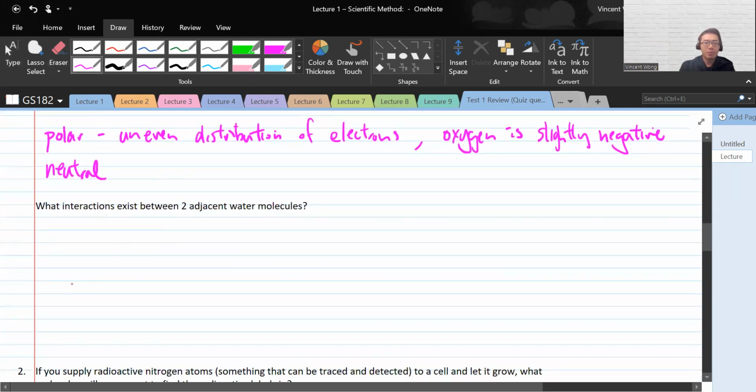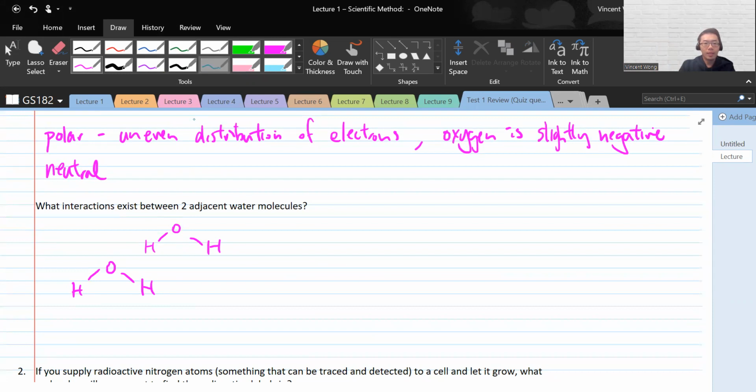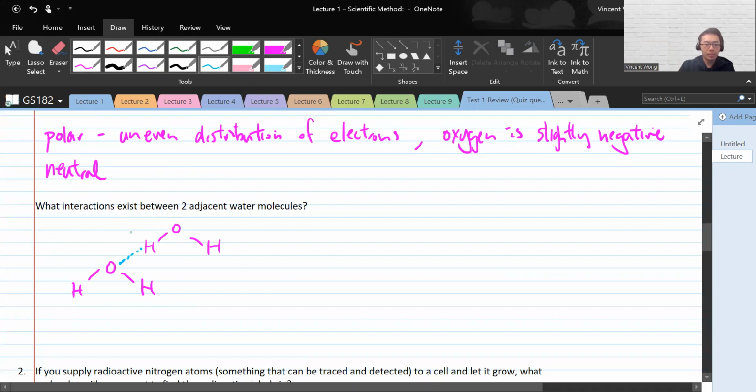So what that means is when I have one water molecule next to another water molecule, they will be attracted to each other, right? The slightly negative oxygen will be attracted to the slightly positive hydrogen of another molecule. And this interaction between them is called a hydrogen bond. Hydrogen bond. Okay?